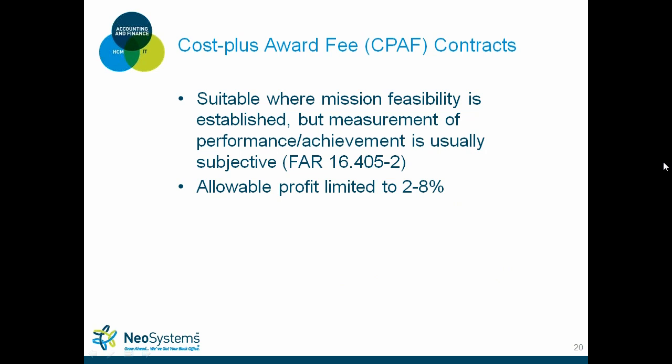And if you as a contractor can achieve that milestone and achieve above and beyond what you proposed, more often than not, you're going to get an award fee which ranges anywhere between 2 to 8% on top of the 2 to 8% that you bid when you submit the RFP.